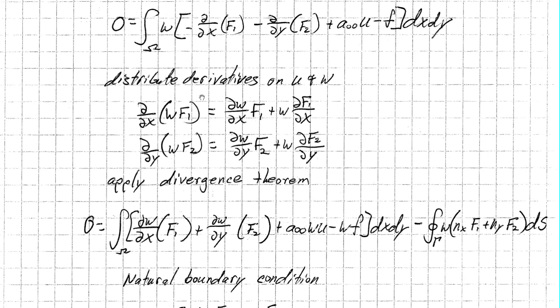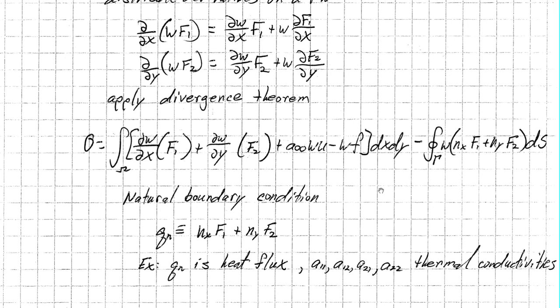So notice now we have a set of boundary conditions along the contour. These are called natural boundary conditions, just like before in the 1D case. So here's Qn. You have F1 and F2 times my unit normals, and again an example is heat flux, where these are thermal conductivities.